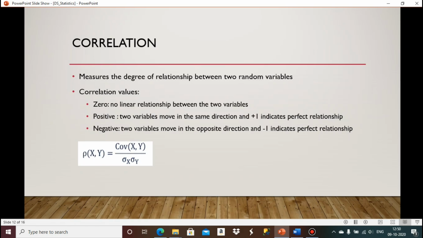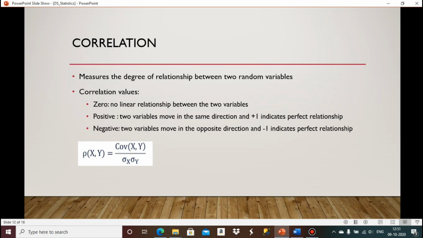So the correlation value can be from 0 to +1 in one direction, and when it is +1 it is a positive and perfect relationship: they are moving in the same direction.